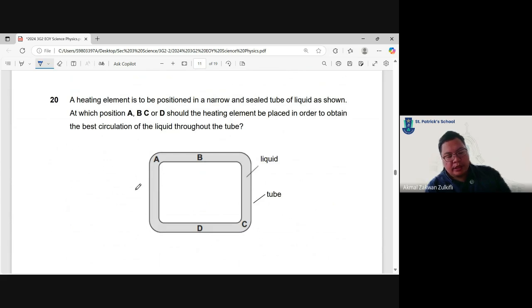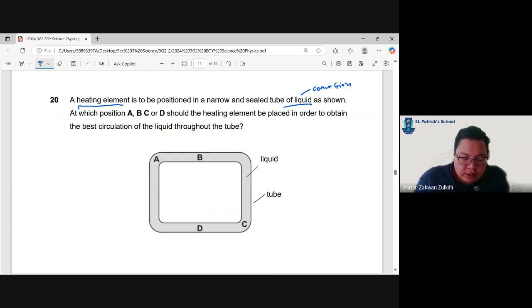Last question. A heating element is to be positioned to heat a sealed tube of liquid. We know this one, we are going to look at convection. So for the heating element, always remember, for the best circulation, the answer is D. Heating element, we put it below. Cooling element, we put it on top.